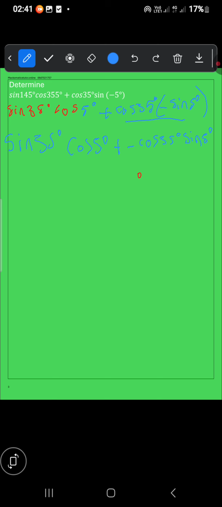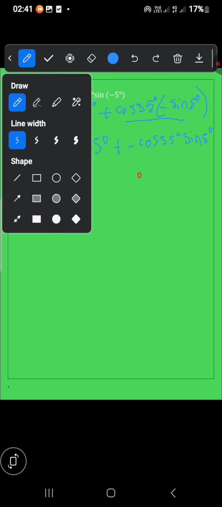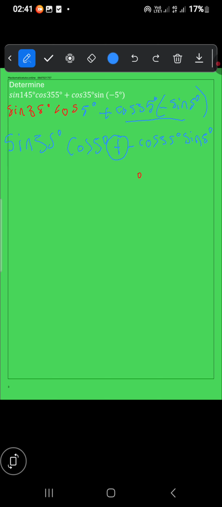Right. So now this positive and this negative multiply each other, therefore the answer in the middle will be negative. So therefore this is becoming negative.